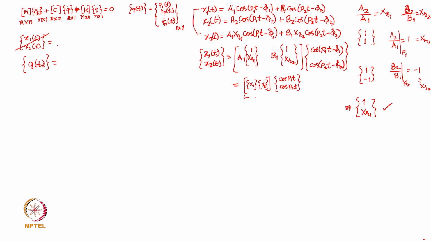It essentially is a matrix containing all the mode shapes of an n degree of freedom system multiplied by the harmonic time functions.